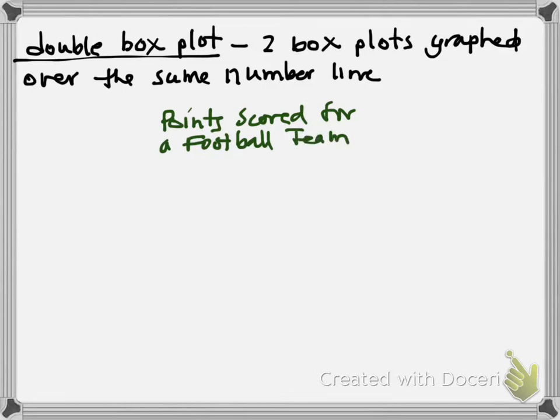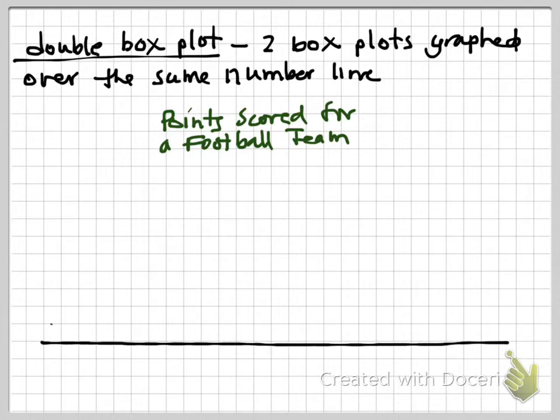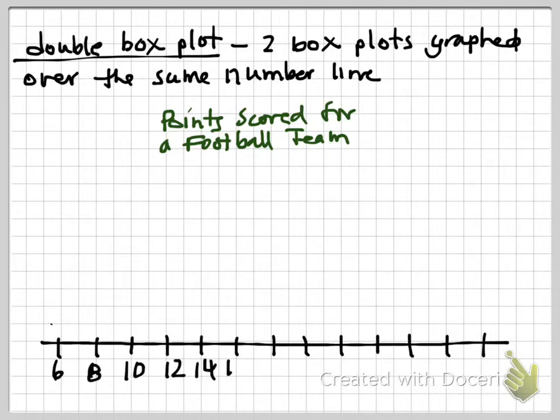So what we're going to do is create the box plot. Let's see, we want to go from, let's go black. 6, 8, 10, 12, 14, 16, 18, 20, 22, 26, 28, 30.